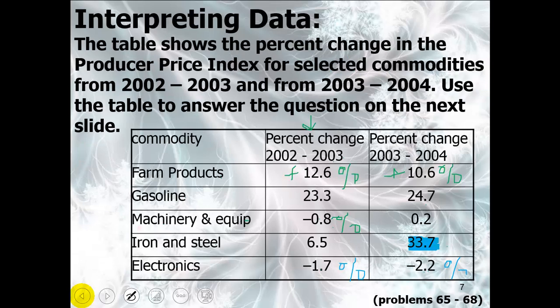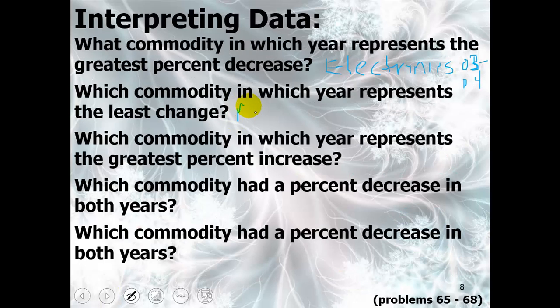So we look back here, and we're looking for a really small change. 0.8, that's pretty small. 0.2, here's the least change because it's the smallest number there. It didn't matter whether it was positive or negative. It needed to be the least amount of change. So that's machinery equipment in 03 and 04. I'm going to abbreviate that. Machine and equip.